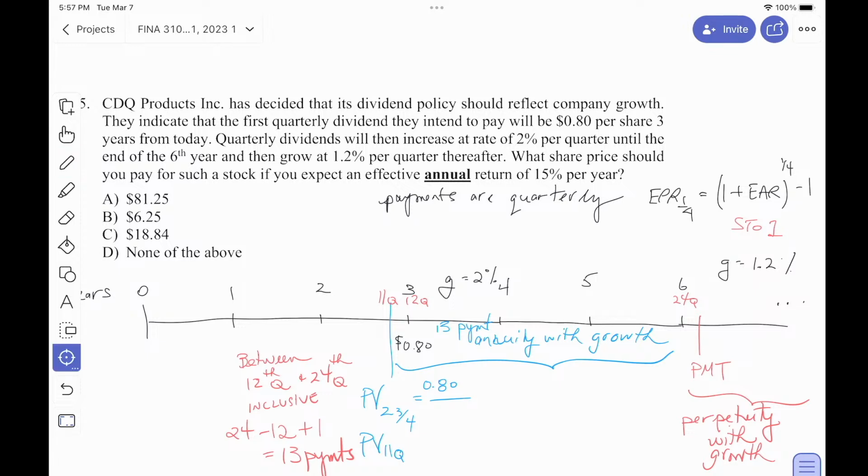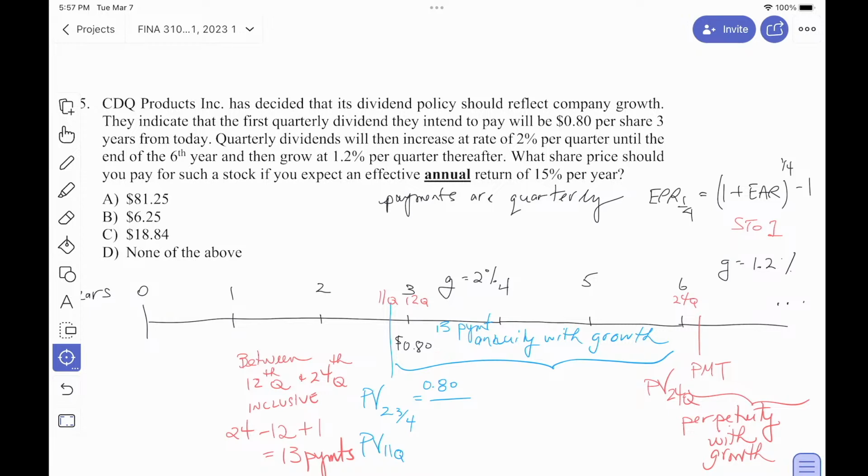And you can start with, this is the first payment, and you work with the PV of it there, 1 period before the first payment. So that would be at the 24th quarter. So to figure out this payment, you have to think about 80 cents accumulating for 12 periods.